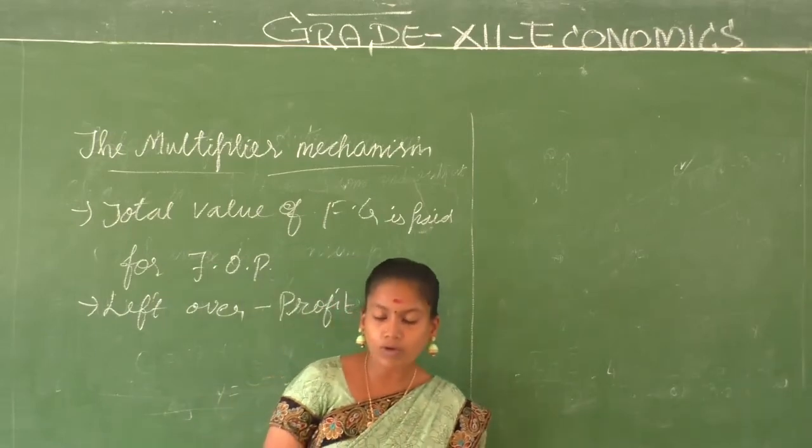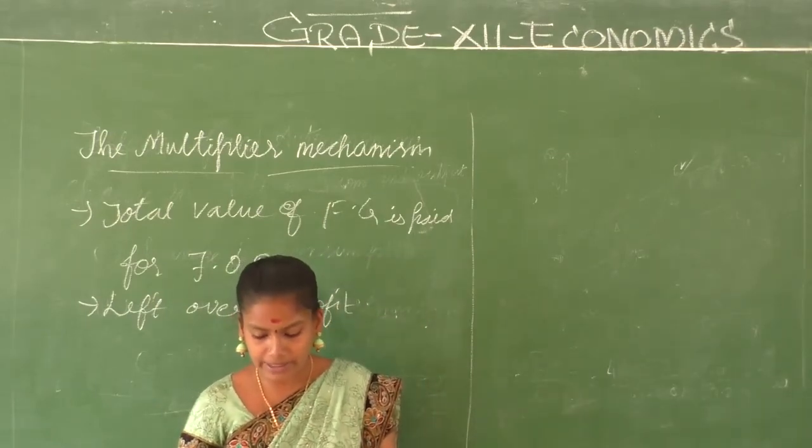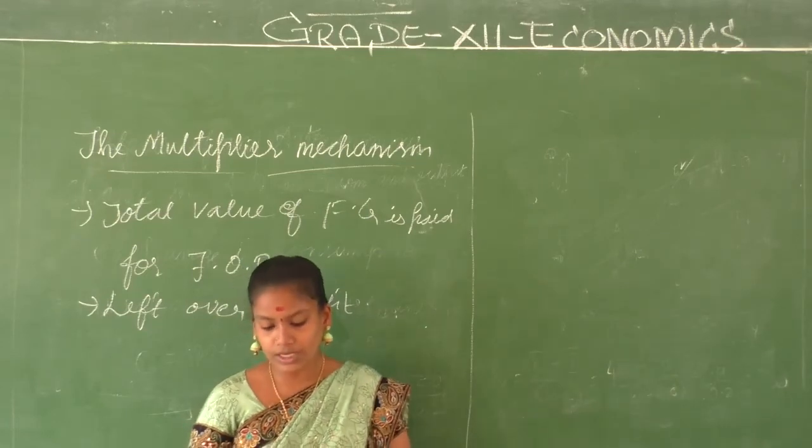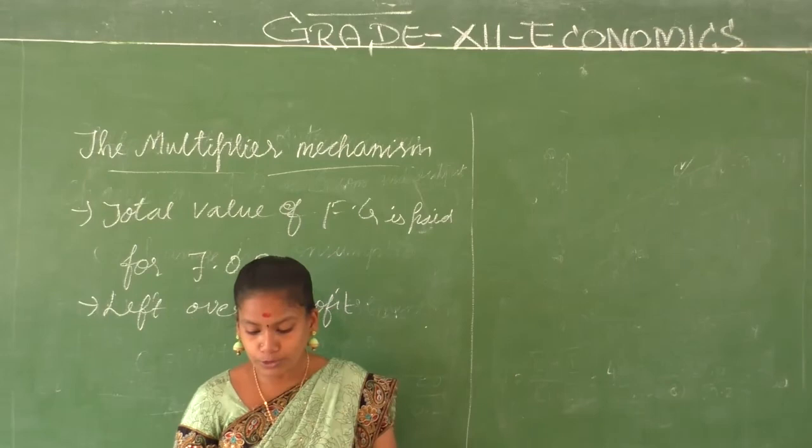So the sum total of aggregate factor payments in the economy, national income, is equal to the aggregate value of the output of final goods.